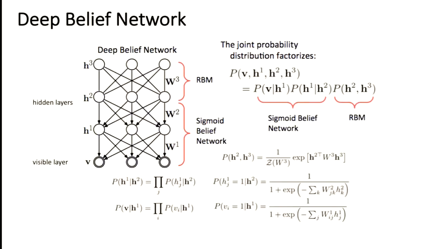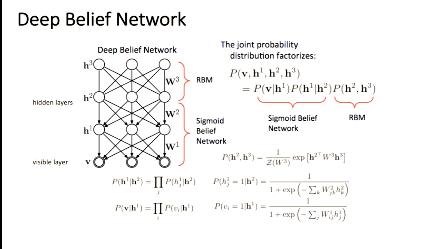Okay. So a deep belief network is essentially a combination of an undirected graphical model, which we have seen previously in the Boltzmann machine and restricted Boltzmann machine case, but now it also has a directed part, which is basically a directed sigmoid belief network.